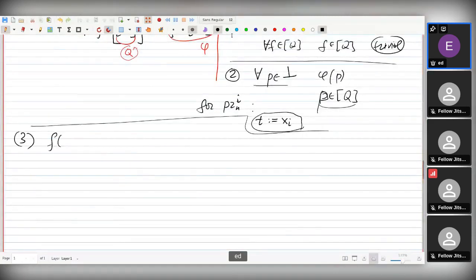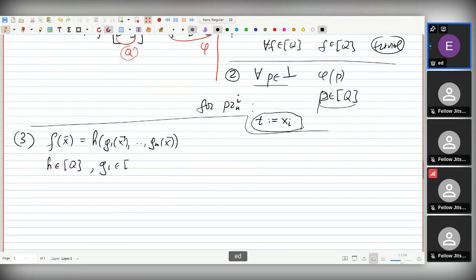That is, assuming that our f is just a superposition of these functions, h, g1, gm, and so on, and assuming that all these functions satisfy phi, that is, all these functions are computable from Q, what I need is to check that f is also computable from Q.